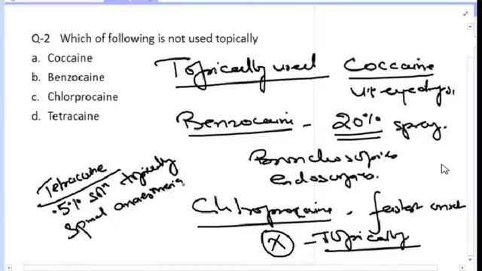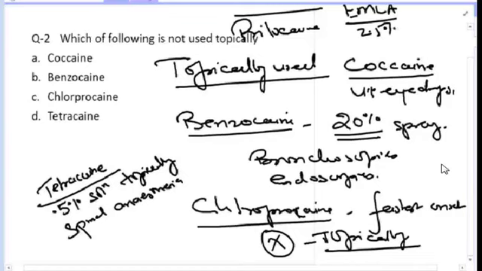So what are the other drugs besides these which can be used topically? Other drugs which can be used topically are lignocaine, prilocaine. These are used for EMLA cream, 2.5% each.